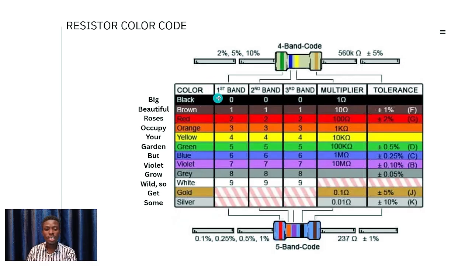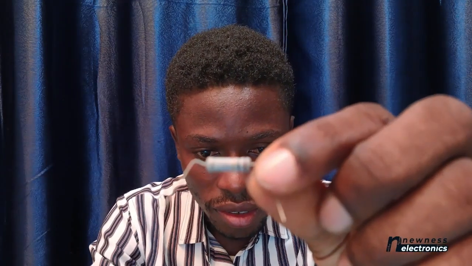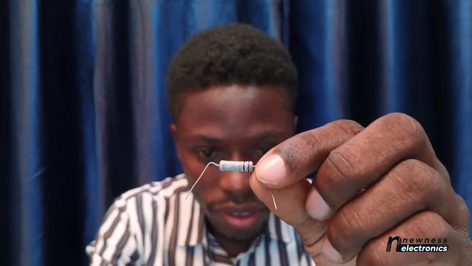So it's divided into first band, second band, third band. Now actually in large resistors like this one here, you will see that, let me try, good, that's beautiful.